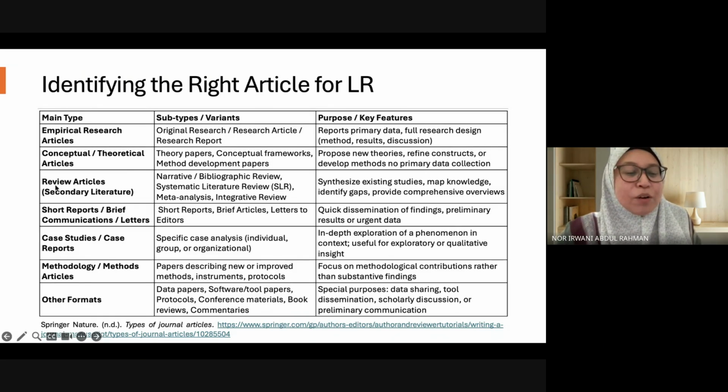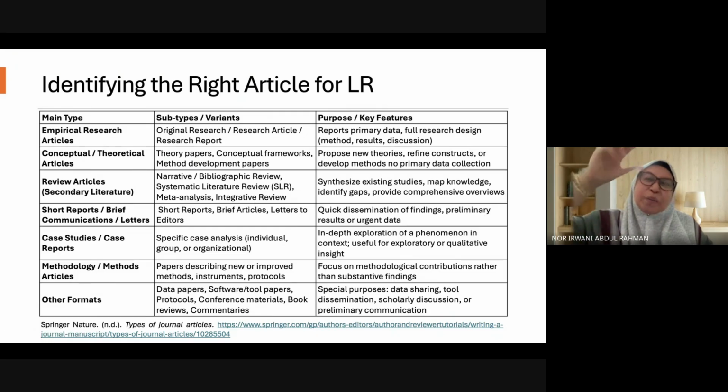And then the type of article, review article. This one uses secondary literature: narrative, bibliographic, SLR, meta-analysis, and integrative review. It is just synthesizing existing studies.